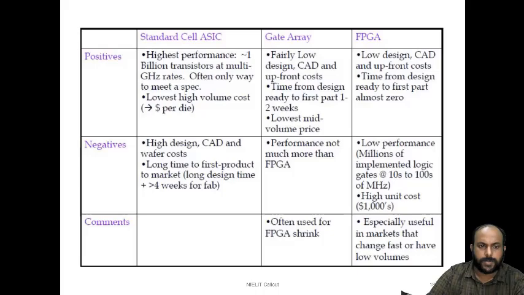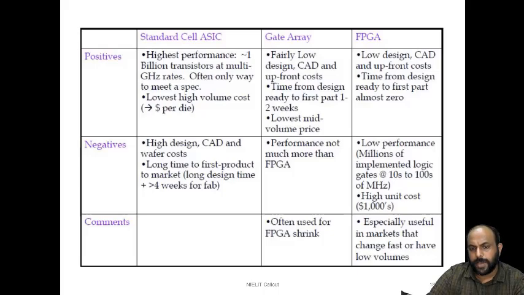Standard cell ASIC comes with the high benefit of having the lowest high volume cost. Okay. So the negative of standard cell ASIC is that it takes a long time to first product, and the time to market is the negative of standard cell ASIC. Whereas the negative of FPGA is low performance.